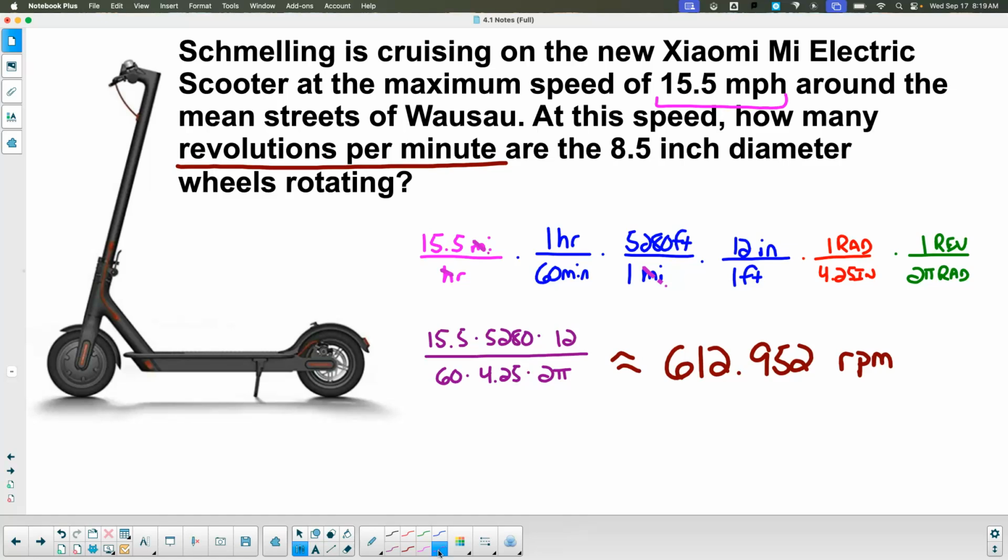Miles, miles, hours, hours, feet, feet, inches, inches, radians, radians, revolutions per minute, yes.